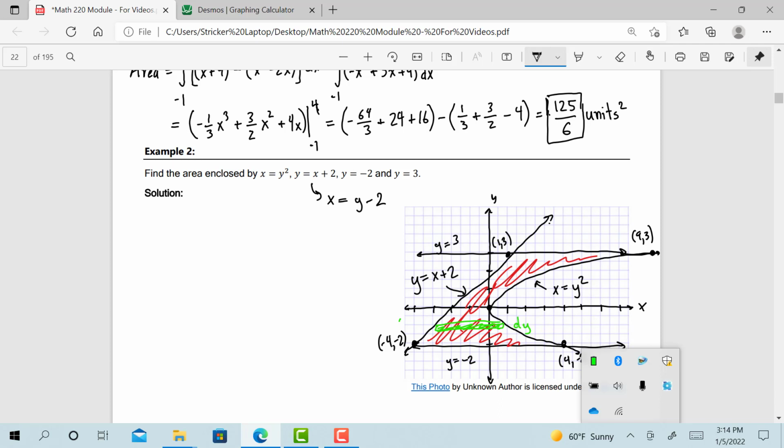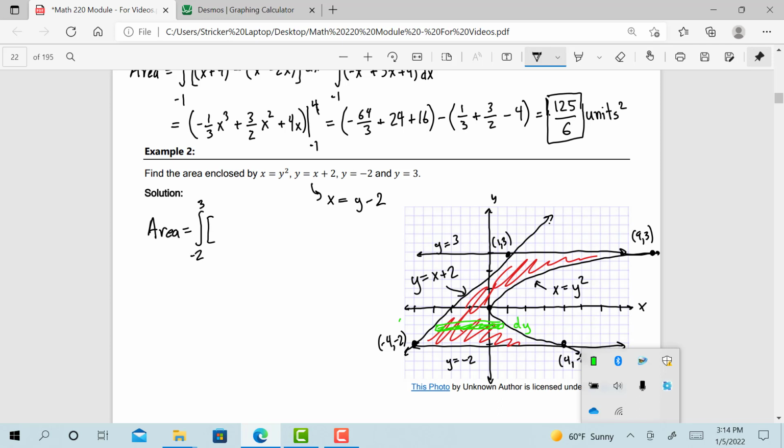And our area is going to be the integral from, okay, so now we're dy, remember it's dy, so we're going to go along the y-axis from -2 up to +3. We're going to go from -2 to +3.